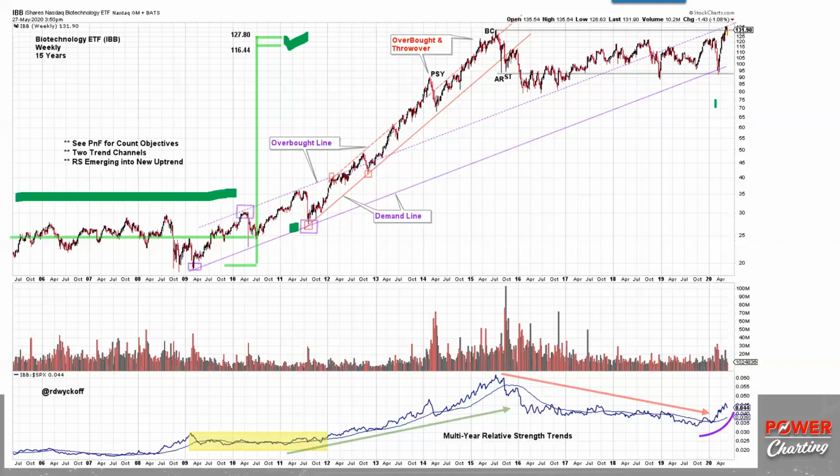So a large trading range condition for multiple years. Also, just to keep in mind, this red arrow shows the underperformance of biotech, and we want to just stay away from these long-term relative strength underperformers because they're not yet in a position where they want to be leadership. We want to focus on leadership.